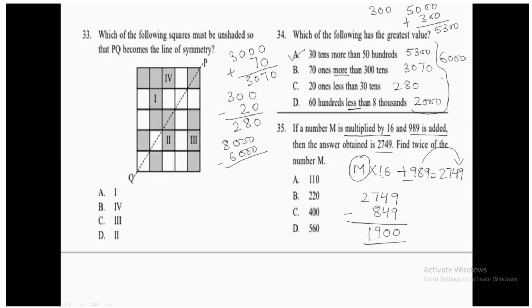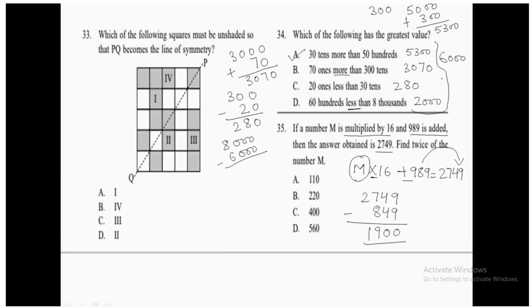Now here you can see 16 is here with m in a multiplication form. Now if this goes to the other side of the equal sign, it will become, 16 is here, you can see, in a multiplication form.